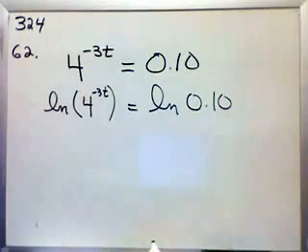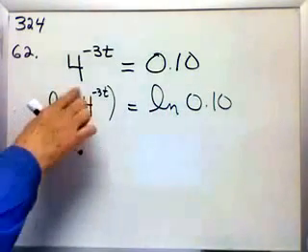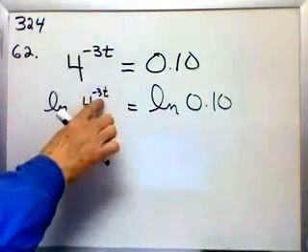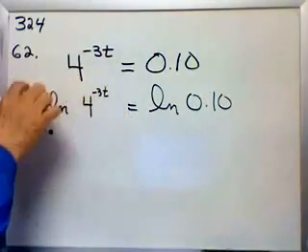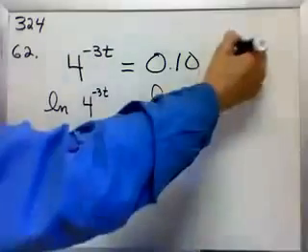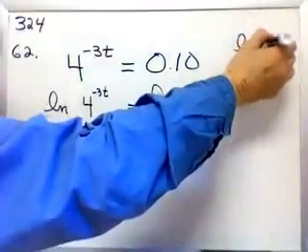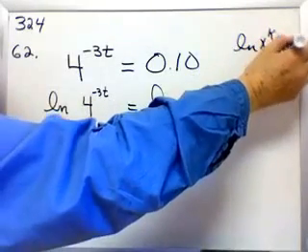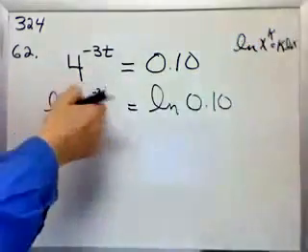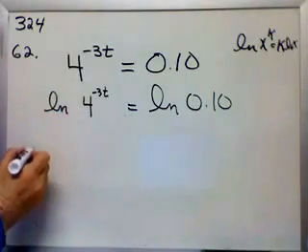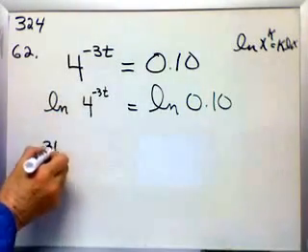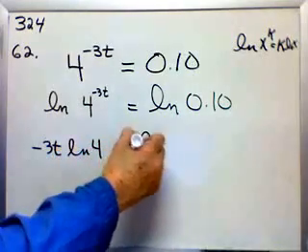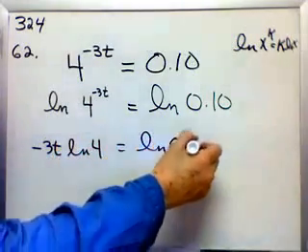And now I'm going to use my log rules to solve this. I don't really need the parenthesis here, so I'm going to move it. I'm going to take the exponent and multiply it by the front. That's the rule: ln x to the k equals k times ln x. So I'm going to take the negative 3t, which basically represents the k in the general formula, times ln 4 equals ln 0.10.